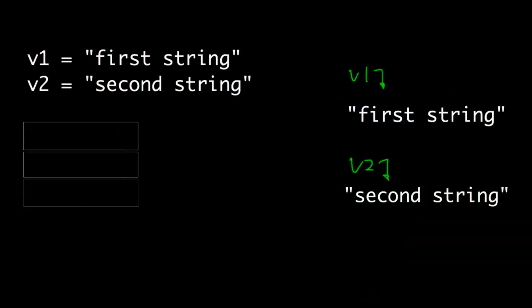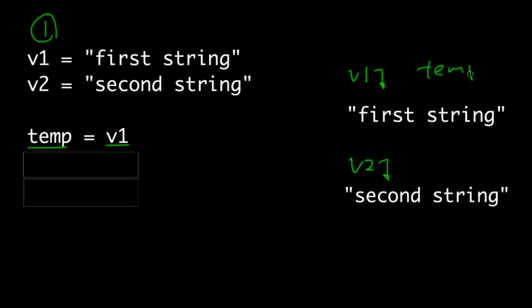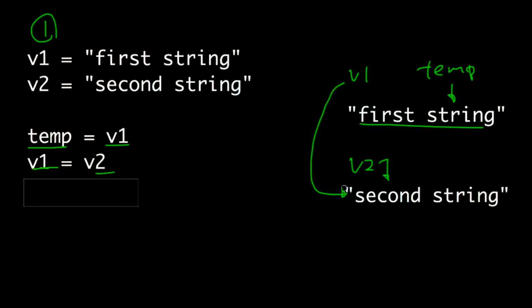Okay, here's a solution that only uses one temporary variable instead of two. The first thing we're going to do is set a new temporary variable called temp to what v1 refers to. So temp will be this string right here. And after that, we'll set v1 to v2. So v1 will no longer refer to first string, and then it will refer to second string instead.